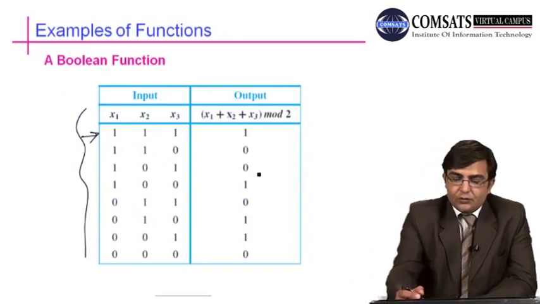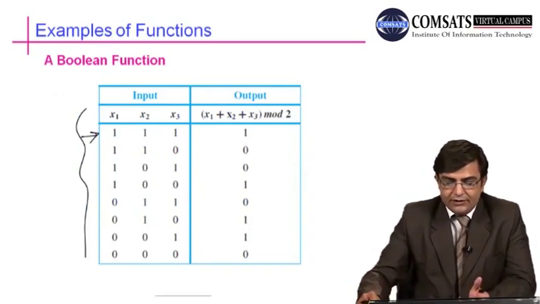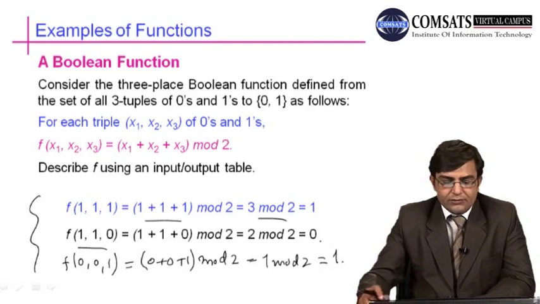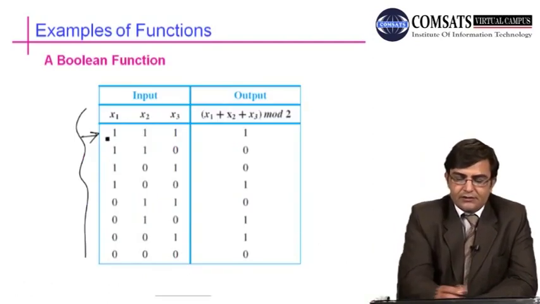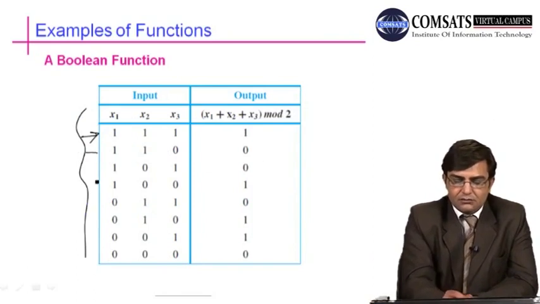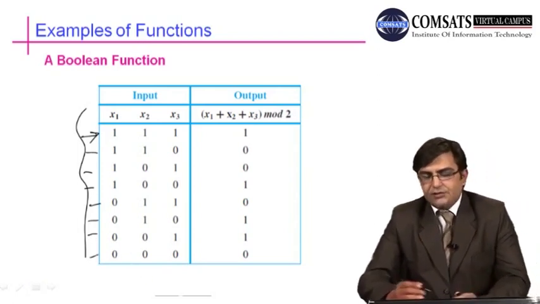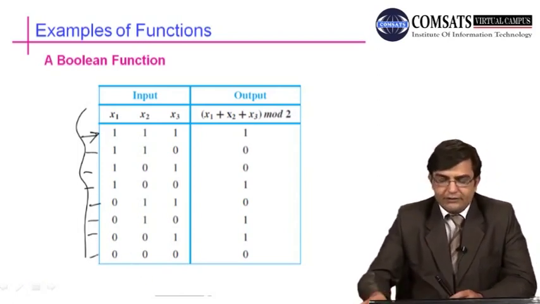So we can write the outputs like this, and calculate the outputs for all possible inputs. For the first we have 1, for the second 0, 0, 0, 1, 0, 1, 1 and 0. So this is an example of a Boolean function.